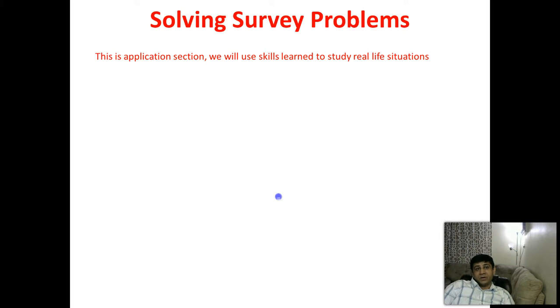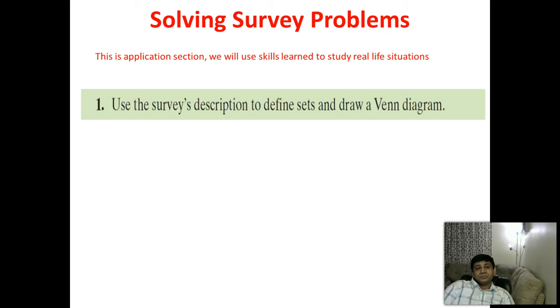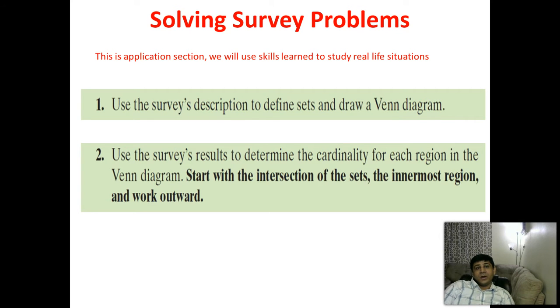For example, data obtained through surveys will be given to you, and we will draw Venn diagrams with the help of this survey. After drawing Venn diagrams, we will find the cardinal number, or the number of elements, in each region of interest. We will always start with the innermost region and work our way outwards.